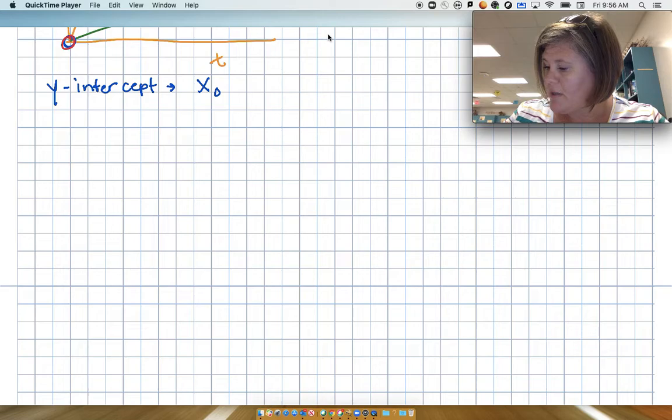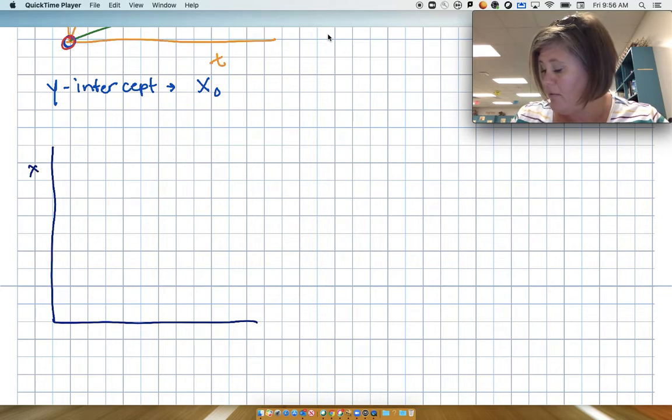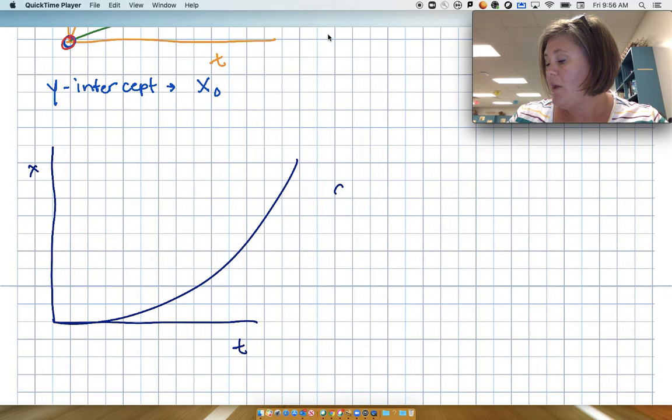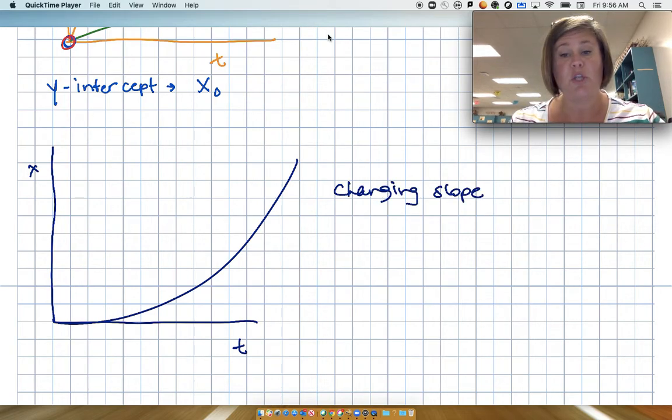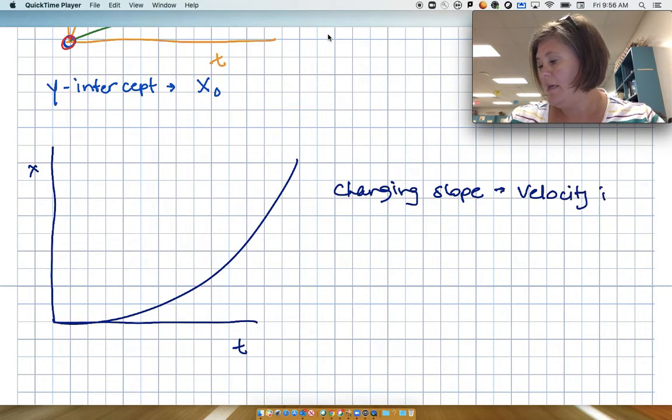Then the last thing that I want to look at is if we have something that looks like this on a position versus time graph. So notice here we have a changing slope. Our slope is not uniform, it's not constant, which means that the velocity is changing. And we're going to learn a term for that later, which is acceleration, which you should be somewhat familiar with.